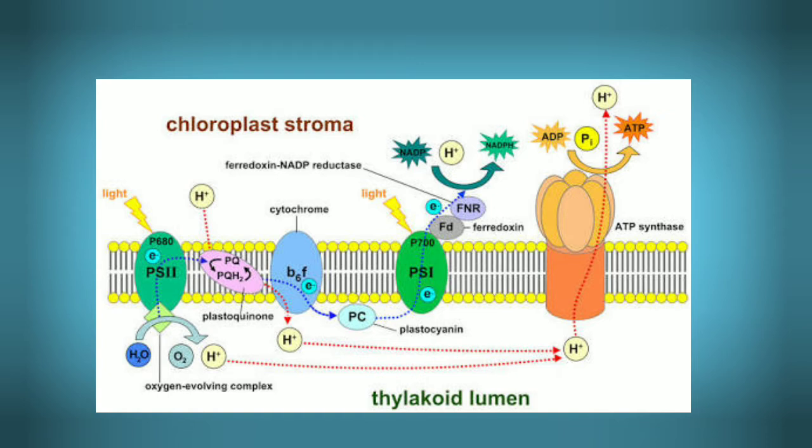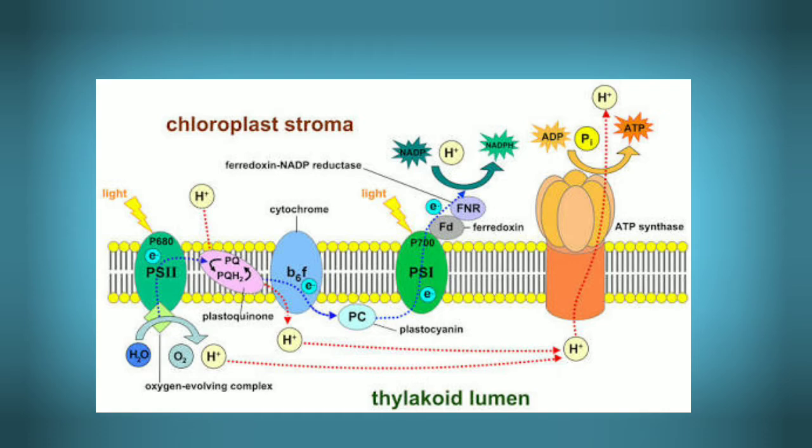Now, the absorption of the light spectra is different for different types of plants, and as we are going to discuss higher plants, the higher plants possess both photosystem 1 and photosystem 2.